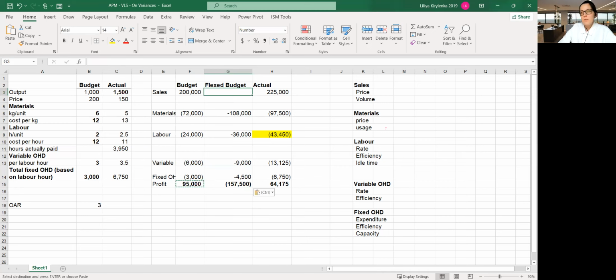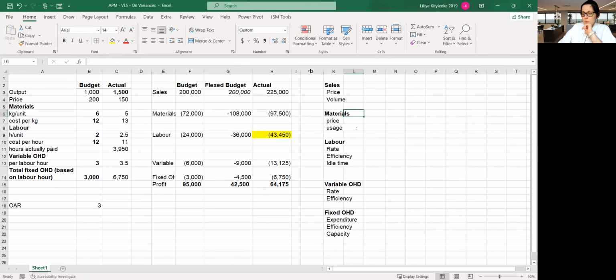Well, actually, the flexed budget relates to expenses rather than to revenues. But in our example, let us take revenue the same as was budgeted. Okay, so the flexed budget is 42,500. And now let me show you how to calculate variances.